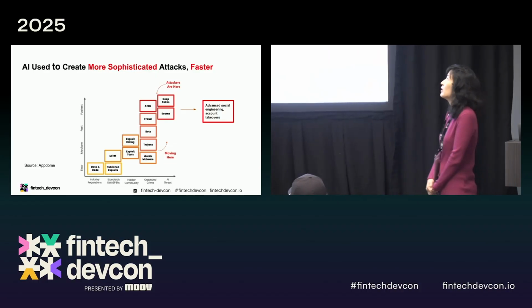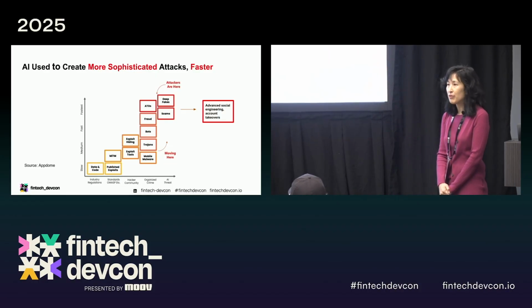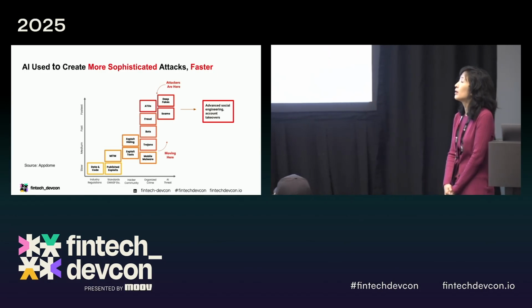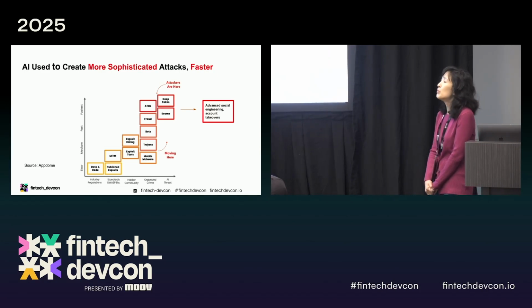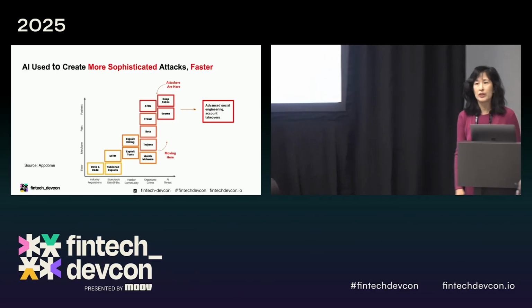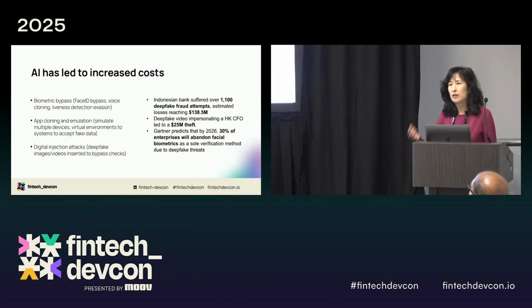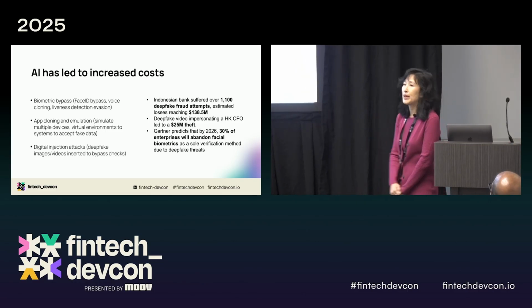That has changed now. They're more likely to create deep fakes and scams, and that means more advanced social engineering attacks and account takeover. We'll talk a little bit more about what these are. So some examples are biometric bypass.